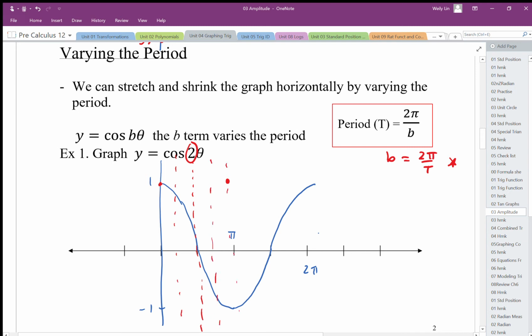I'm just drawing in those lines, just gives me an indication or a guideline to where my 4 quadrants are. Well, in this case, there's my start, there is my first quadrant to 0, there's my second quadrant to the min, there's my third quadrant to the middle, and there's my fourth quadrant to the max. And I can see that my max is at pi.